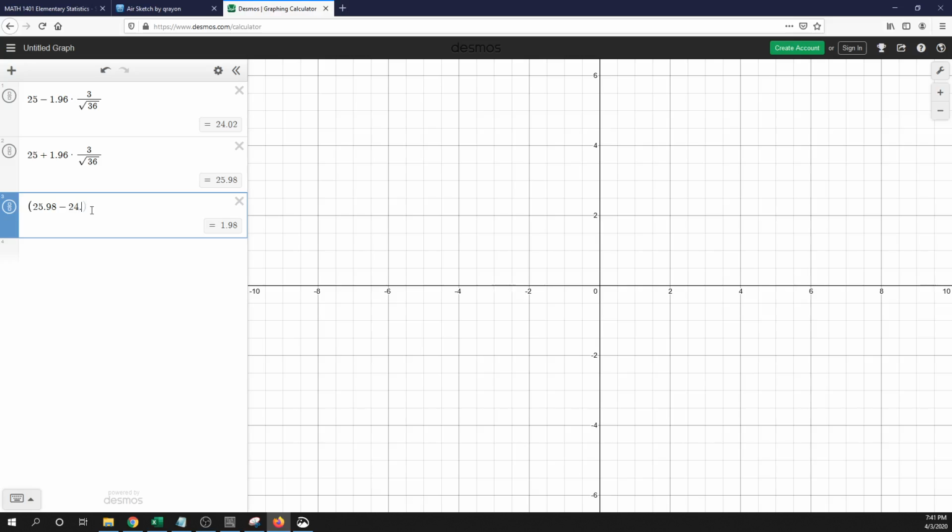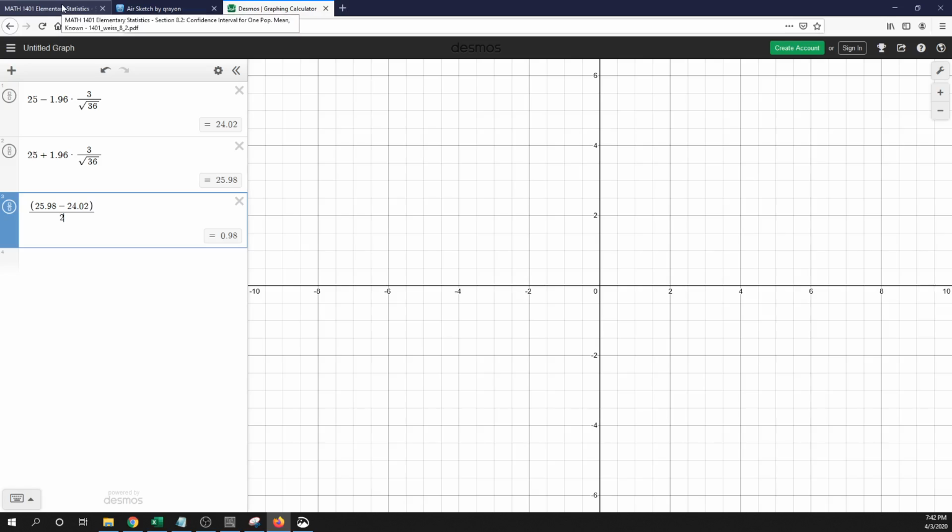So the length of the confidence interval would be the upper limit minus the lower limit. And then divide that by 2. You get 0.98. So the answer to part B is 0.98. That's the margin of error.